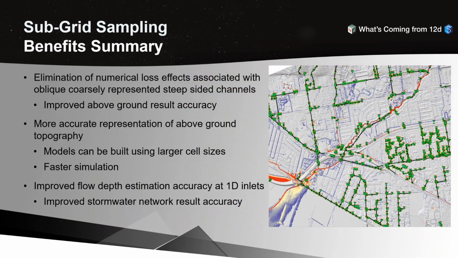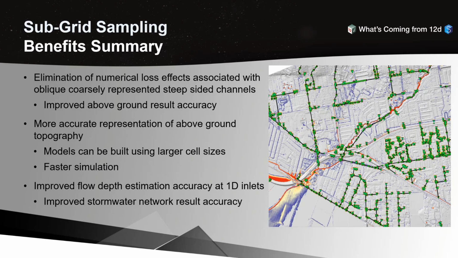So look, in summary, sub-grid sampling is an excellent feature due to all the reasons we've discussed. It eliminates that numerical loss effect along the wet-dry boundary. By default, it just represents your above-ground topography more accurately. That in turn means that you can build models using a coarser cell size, which will mean less cells and faster simulation.